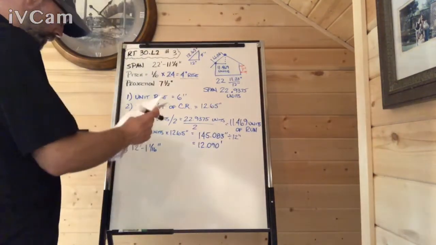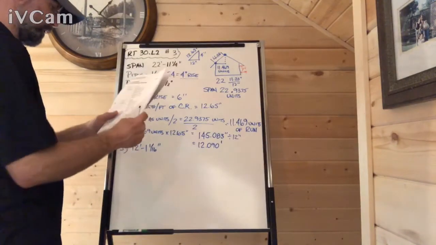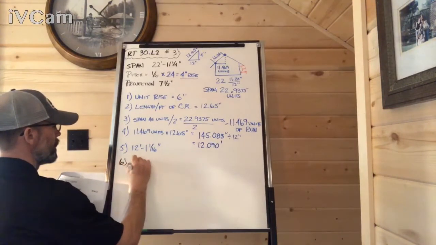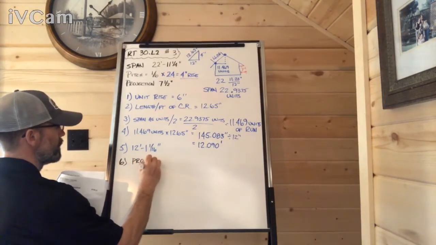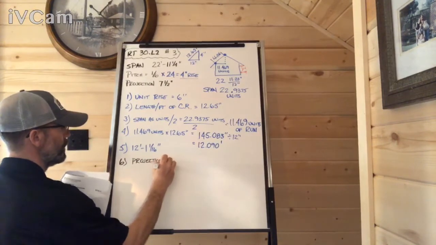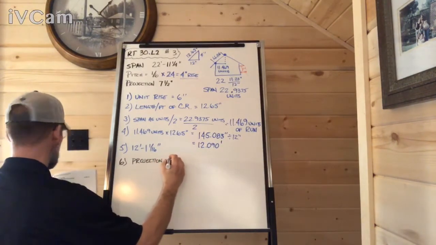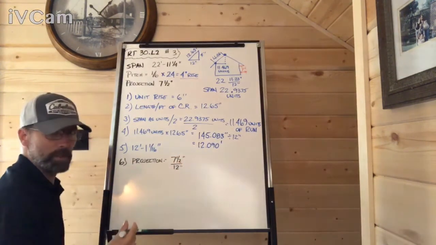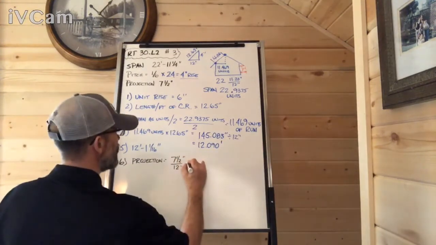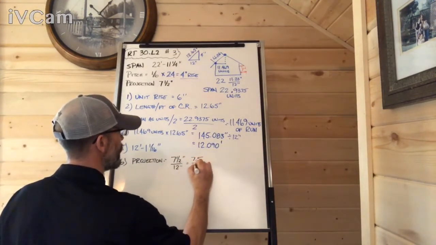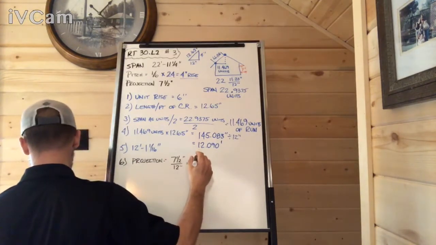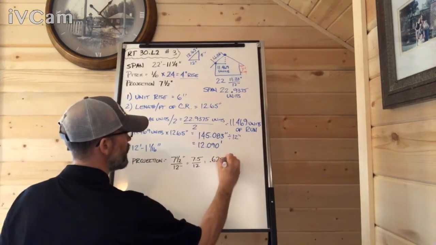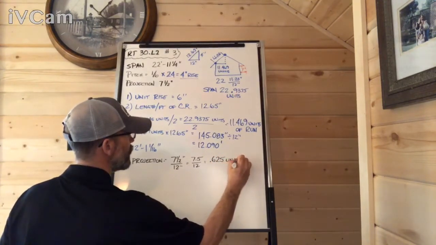So number 6, and these aren't numbered, I'm just magically numbering them. Projection as a decimal. Projection is equal to 7.5 inches. 7.5 inches divided by 12 inches gives me a portion of that unit. 7.5 divided by 12 gives me 0.625 units.